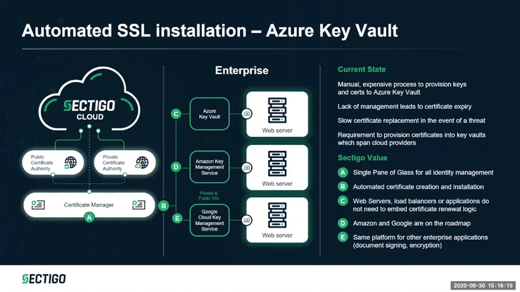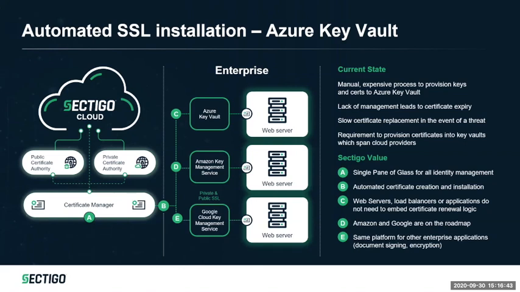In addition to Azure, we plan to support Amazon AWS as well as Google Cloud. They have similar technologies where you can store your private keys. So those two are on our roadmap, and we plan to natively integrate with our SCM system so that you can keep your private key part in there and leverage certificates from Sectigo.